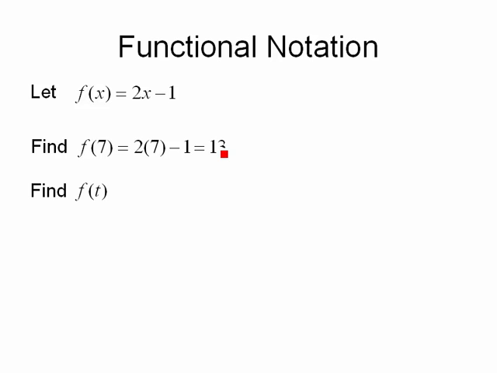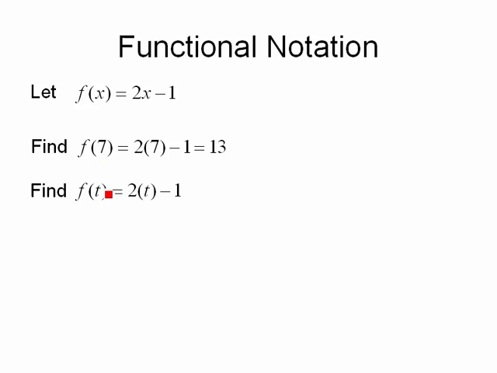Here's where things get a little nasty. In the previous one, I gave you a very specific number to put in there. So now if you don't see a number, you see a letter instead, what's that asking you to do? Well, it's really simple. Before we corresponded x and 7, and I put it into the formula. Now it's just saying correspond with x, the letter t.